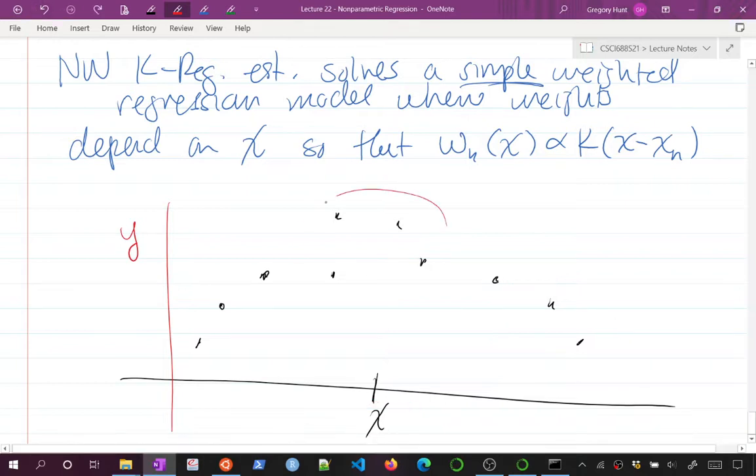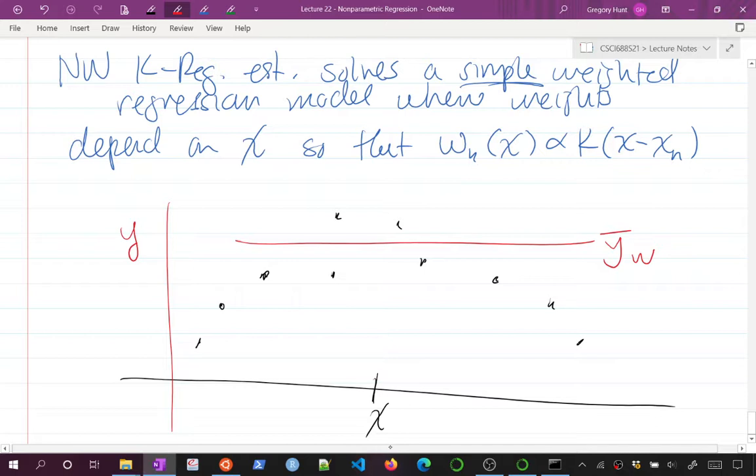Rather, it mostly concentrates on these points here because their x-coordinate is closer to the x at which I'm predicting. So you can think of it as fitting some constant, like y is just alpha. It's y bar weighted according to how close the x coordinates of those training points are to my x we're predicting at.